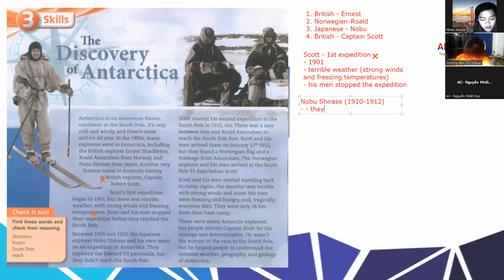It says they explored Edward Seventh Peninsula. But they didn't reach the South Pole.